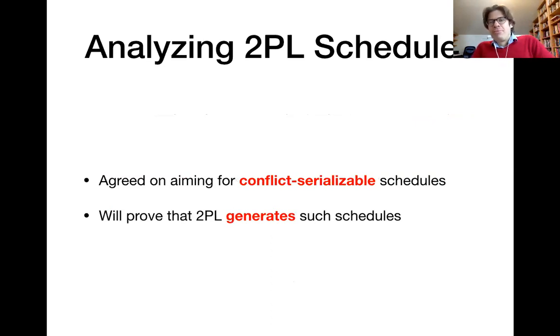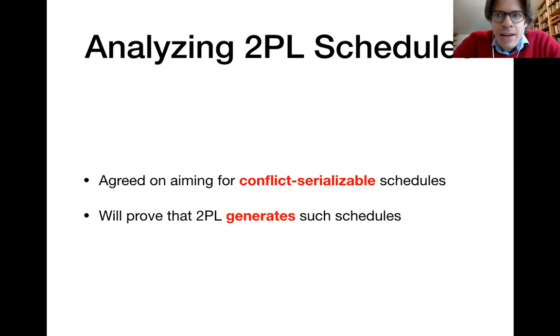All right. So now we have seen two-phase locking. We need to convince ourselves that using it is really a good idea. Ultimately, what we want are conflict serializable schedules. We have justified why we want conflict serializable schedules in the last lecture. Now we have seen a concurrency control protocol, which seems to make sense.